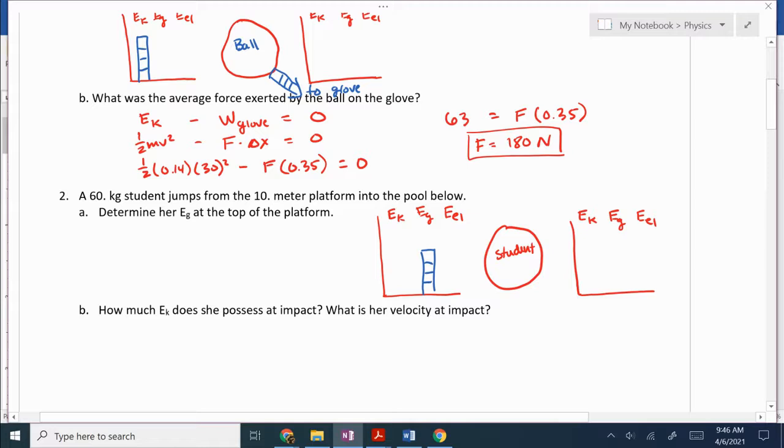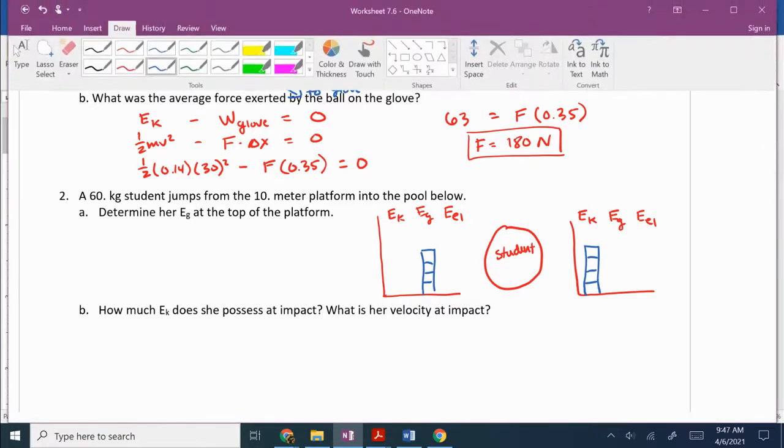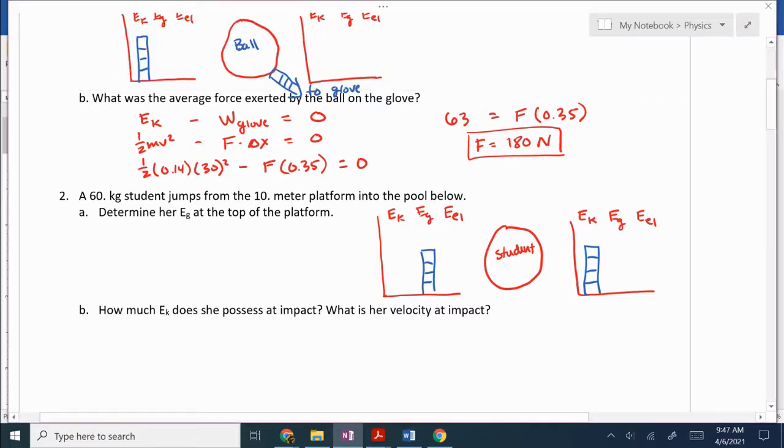If you read through the rest of the problem, it says how much kinetic energy do they possess at impact? So that would mean that at the end, it's all kinetic energy. We're not losing any energy anywhere, it doesn't talk about that. So the first step would be to calculate the gravitational energy.